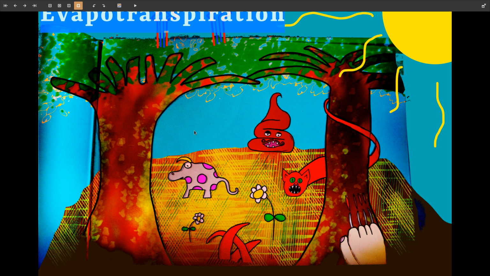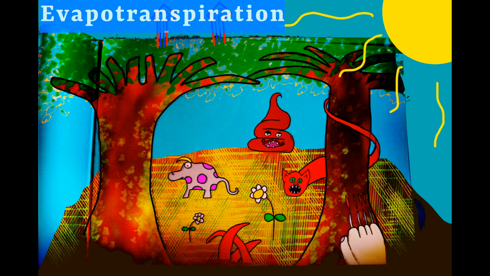That cools down this system close to the ground where most animals live, including us, which I don't consider as animals, but that's just perspective, I think.